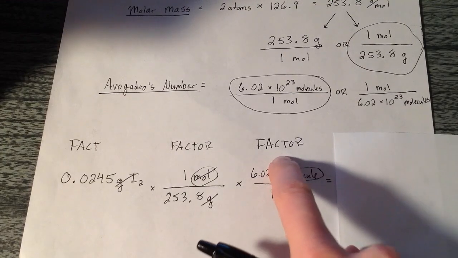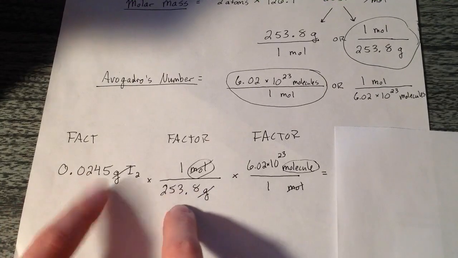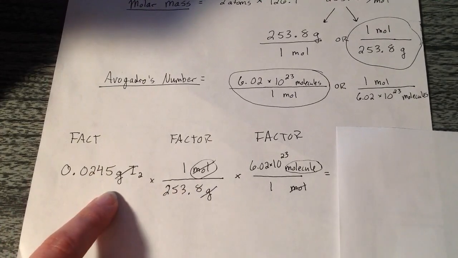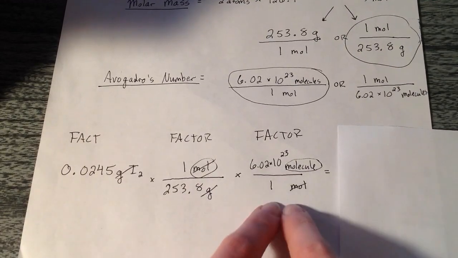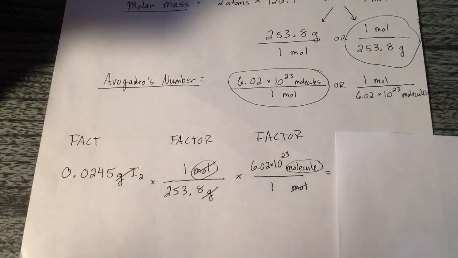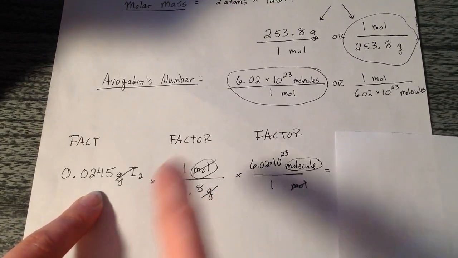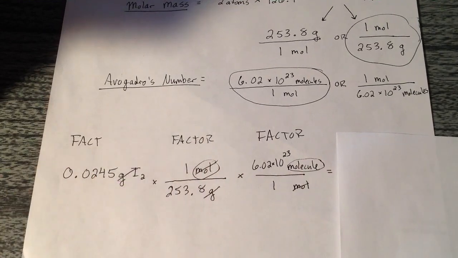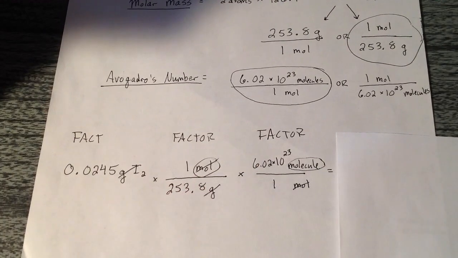Notice, we could have calculated this part into the calculator, hit equals, and gotten a number of moles. And then we could have done this step. For the sake of time, and this is technically how I learned this method, you can chain all of your factors together, continue to add factor after factor until all of your units have canceled.